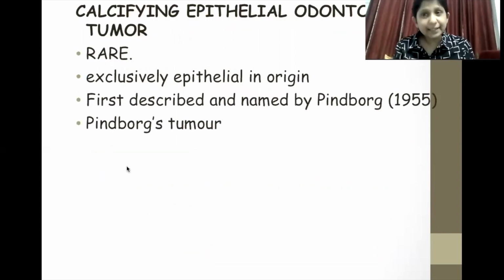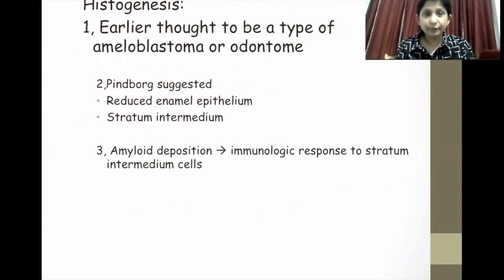Coming on to the next lesion, that is your calcifying epithelial odontogenic tumor. It's also called the Pindborg tumor because it was first named and described by Pindborg in 1955. So as I already explained, Pindborg's tumor also arises from the odontogenic epithelium, that is your enamel organ. So there'll be a lot of similarity between the histogenesis of all these tumors.